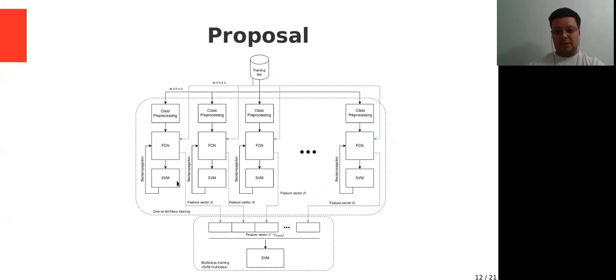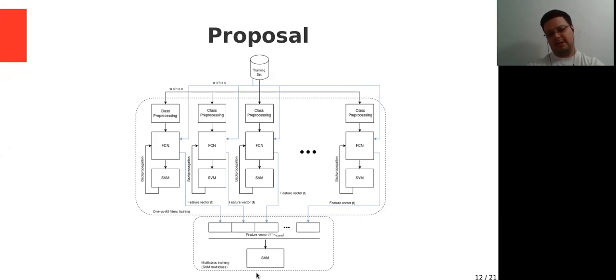scenarios. So after training all these FCN and SVM sets, we train another large margin classifier that is trained with the concatenation of all the outputs from these FCNs. So here we train another classifier at the end of, for example, 10 epochs here, 10 epochs here, 10 epochs here, 10 epochs here.